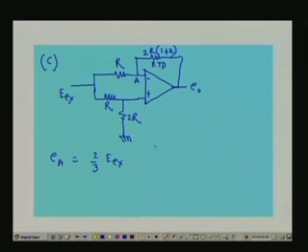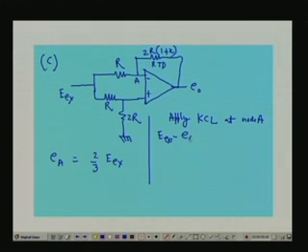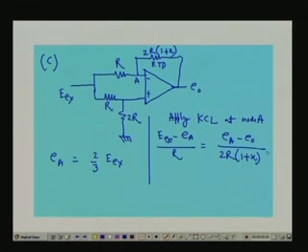Now, if I apply KCL at node A, I will get (Ex minus Ea) by R equal to (Ea minus E naught) by 2R times (1 plus X).